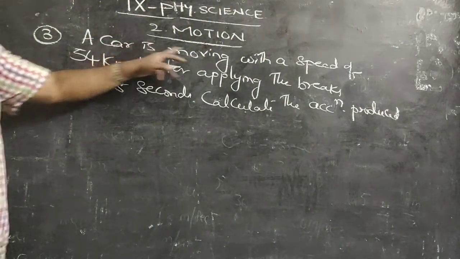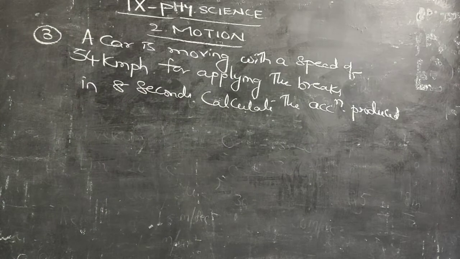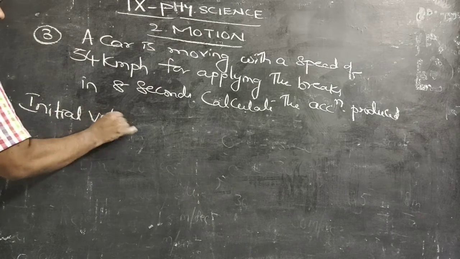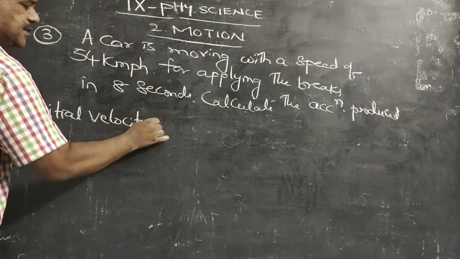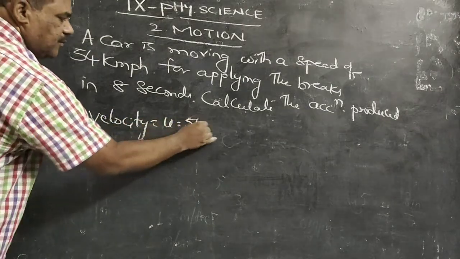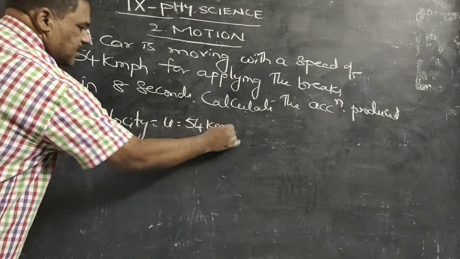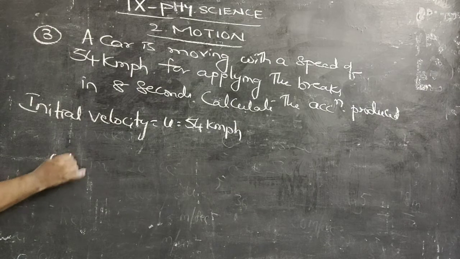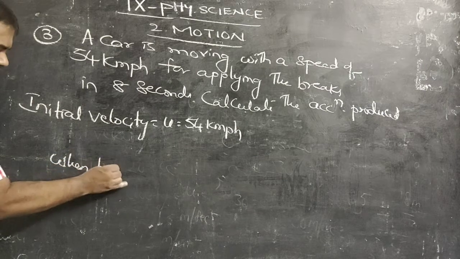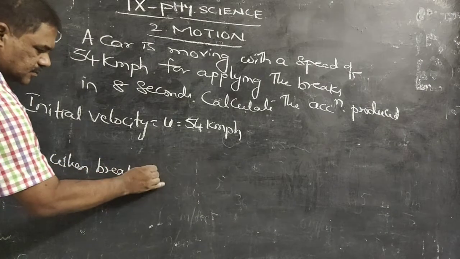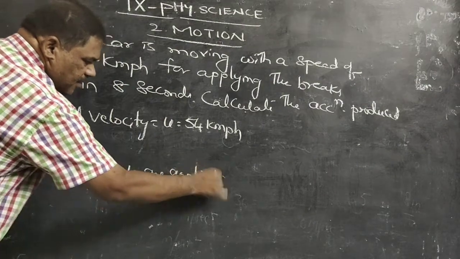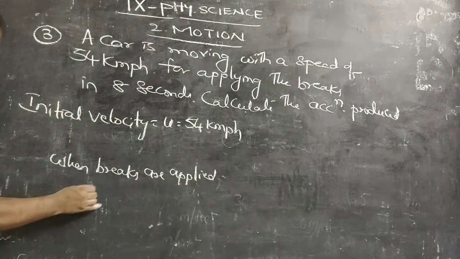So a car is moving with a speed of 54 kilometers per hour. This is the initial velocity. Initial velocity u is equal to 54 kilometers per hour. When brakes are applied, when we apply the brake, the body comes to rest.